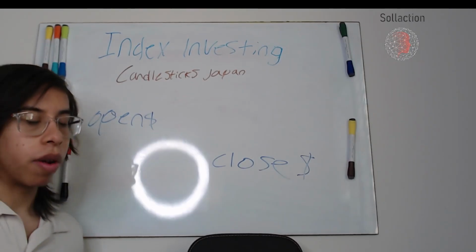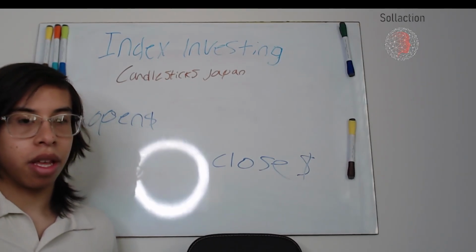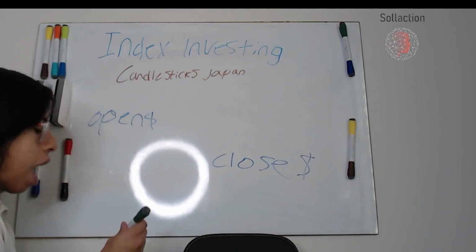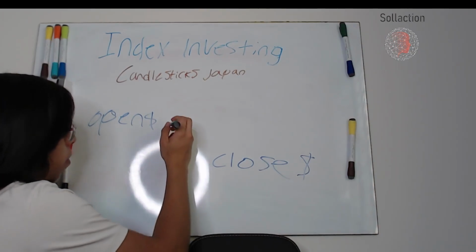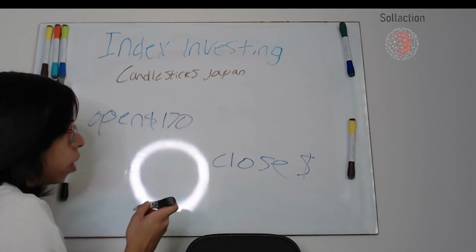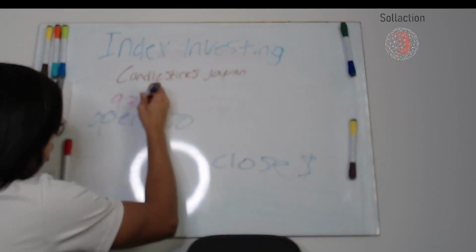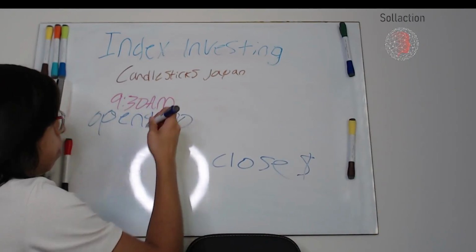The bell rings whenever the stock exchange opens, and the stock exchange always opens at 9:30 a.m. in the morning. So let's say Apple opened at exactly 9:30 a.m. at $170. This will always be like this.